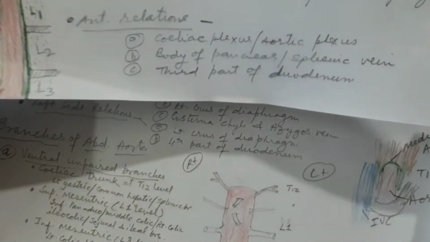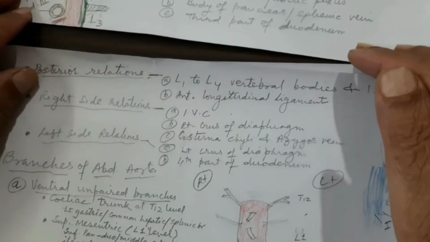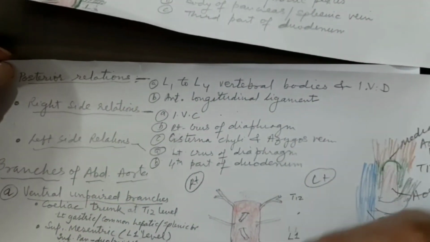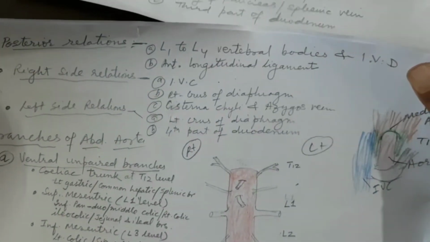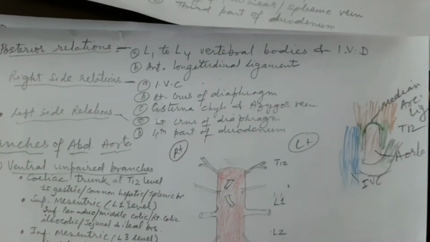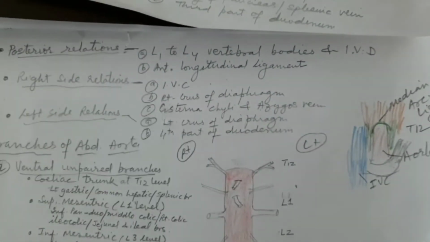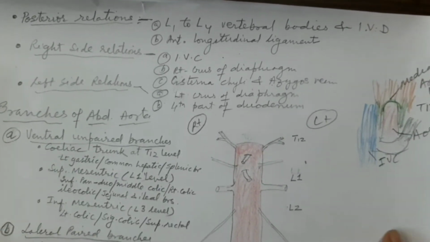Now on the anterior relation, below the third part of the duodenum, the remaining part of the abdominal aorta is in relation to the coils of the jejunum and ileum anteriorly. Now the branches of the abdominal aorta, these are important branches.